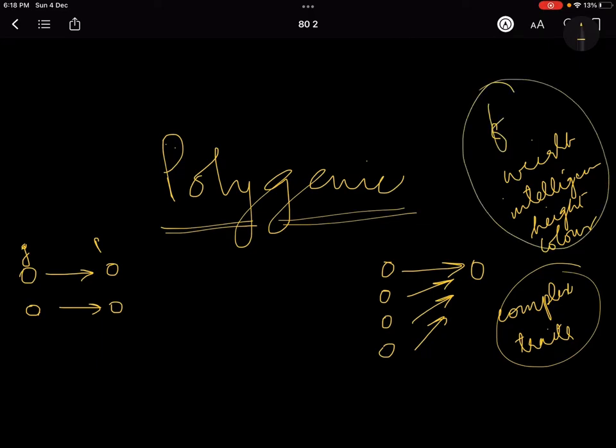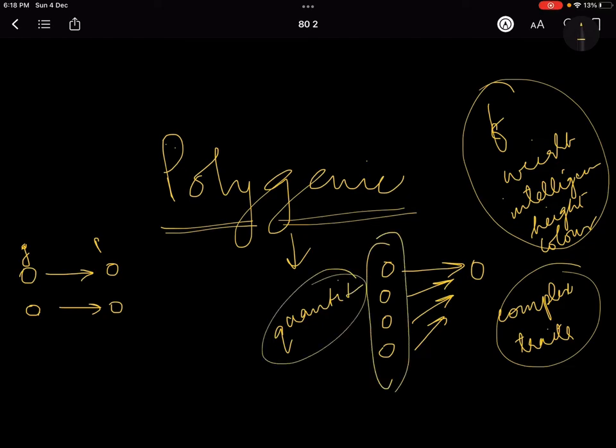These are phenotypic traits that are not directly controlled by one gene, but are affected by more than one gene, and you cannot easily show which gene has how much effect. That is why polygenic inheritance is also known as quantitative inheritance, because so many genes contribute to one phenotypic trait.